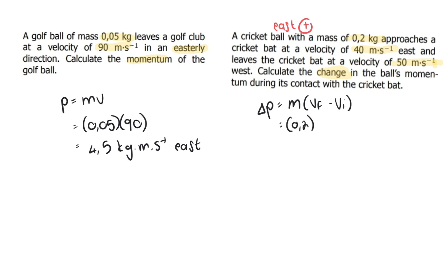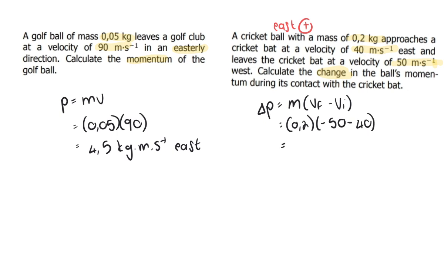The final velocity is 50 meters per second, but it is to the west, so I'm going to input it as a negative value. And the initial velocity is to the east, so that's positive, and I'm going to make it 40.